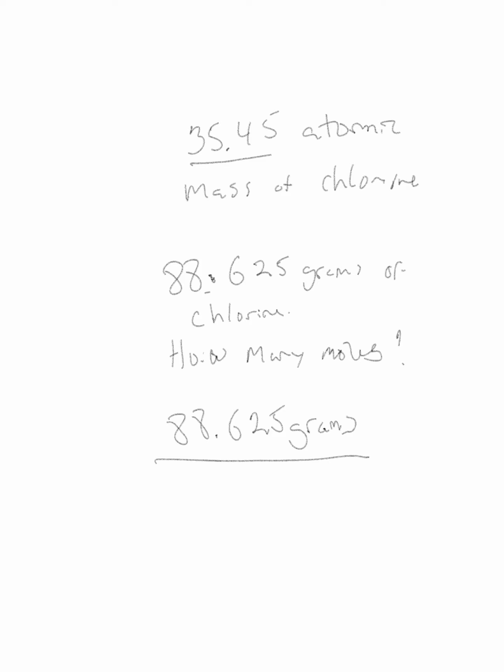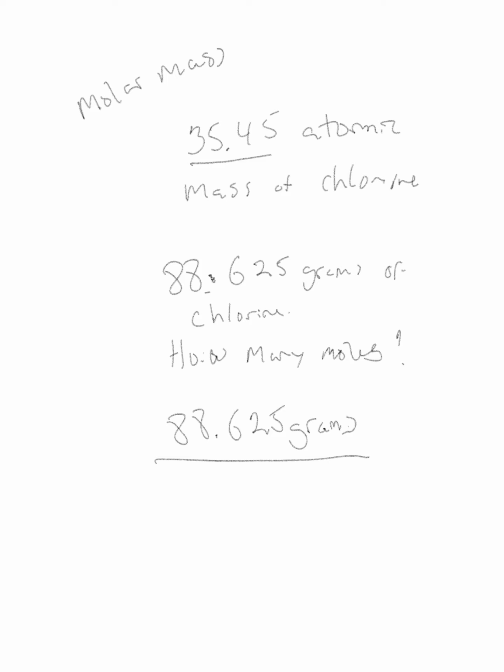And we call that the molar mass of chlorine. So the molar mass of chlorine is the mass in grams of an element, of the atomic mass of an atom. So the atomic mass of chlorine is 35.45, so its molar mass is 35.45.